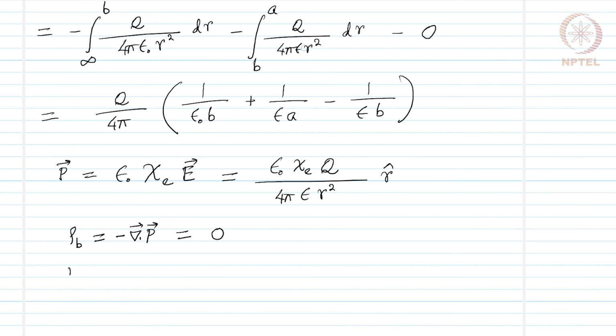How about the bound surface charge density? The bound surface charge density is P dot n cap, and that is different for the outer surface of the dielectric material and the inner surface of the dielectric material. At the outer surface, it is epsilon naught chi e q over 4 pi epsilon b squared.